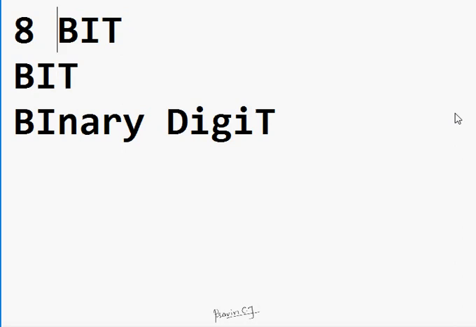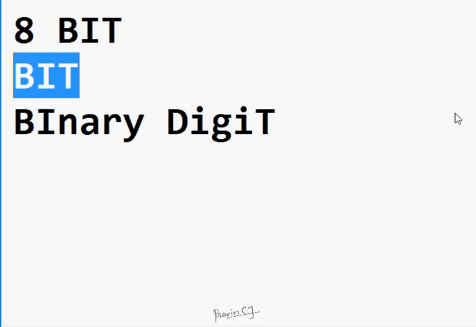Okay, so 8 bits means something like 0 1 0 1 0 0, each position being 0 or 1.